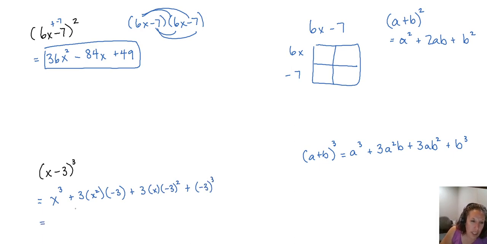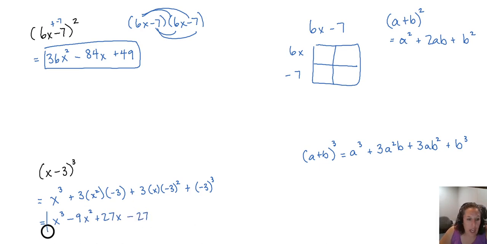And so if we clean that up just a little bit, we're going to get x cubed. Negative 3 times 3 is going to give us a negative 9x squared for that second term. And then negative 3 squared is going to be a positive 9 times 3, which is 27x. And then negative 3 cubed is minus 27.